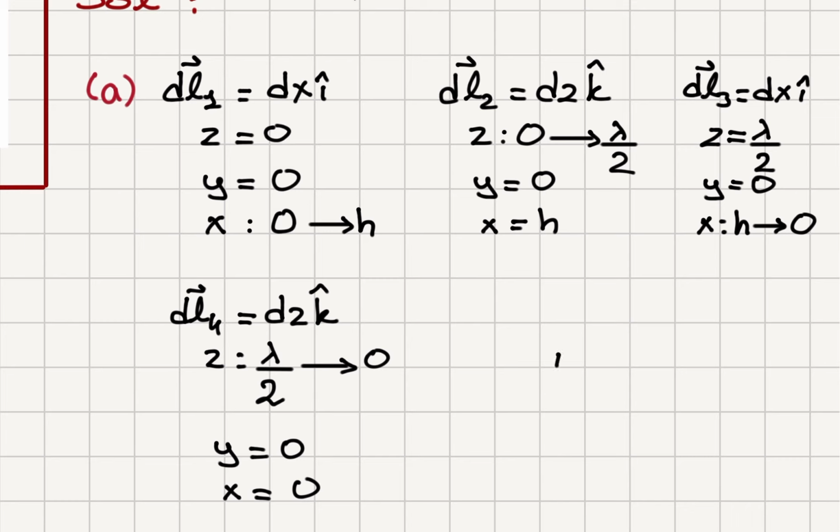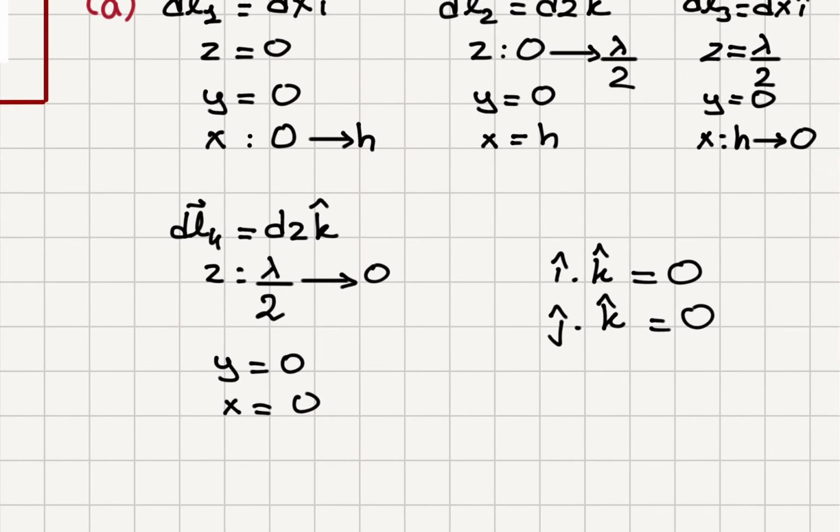So I note that here i hat dot k hat is 0, and also j hat dot k hat is 0. If I look at these line elements, I have k hat on portion 2 and portion 4, which means that when I take the dot product between the electric field and these paths, there will be no contribution.